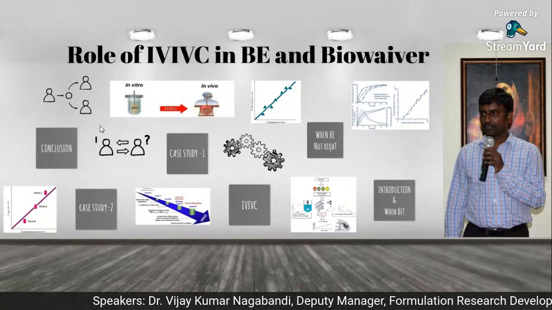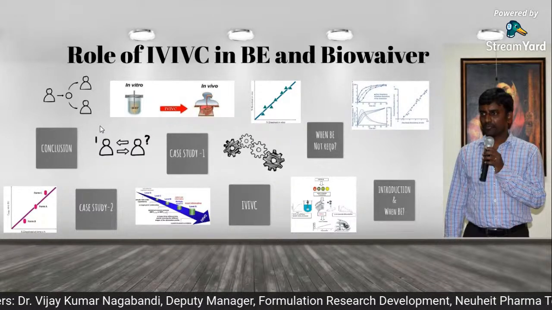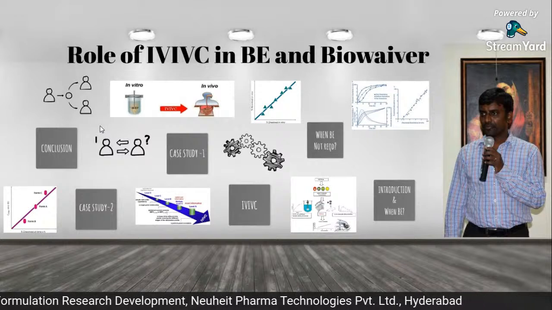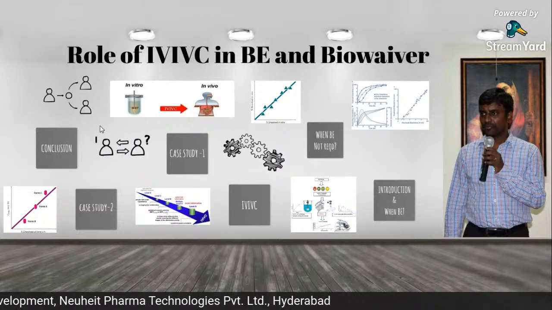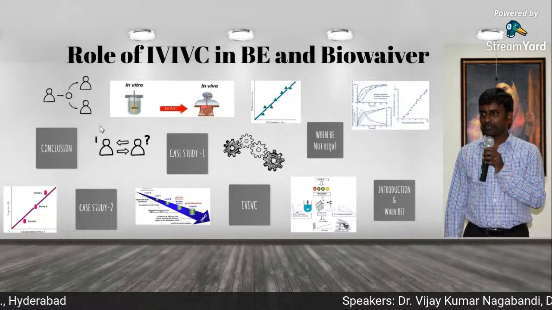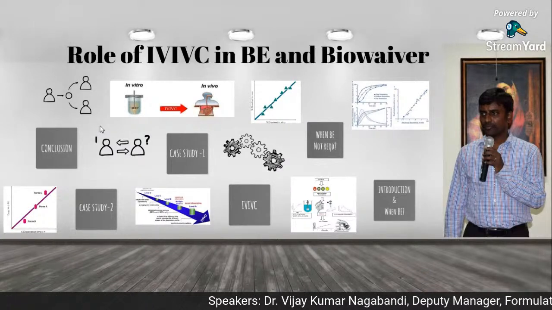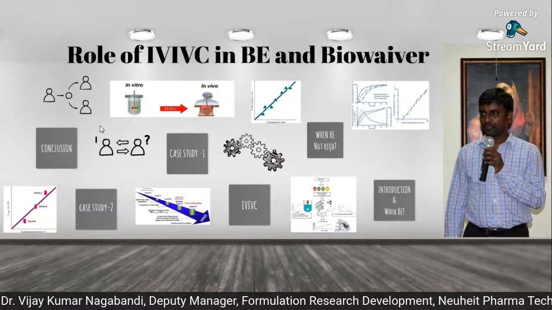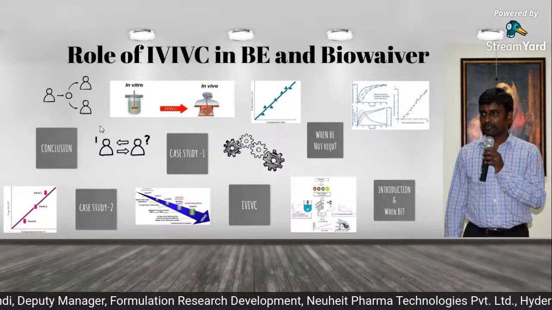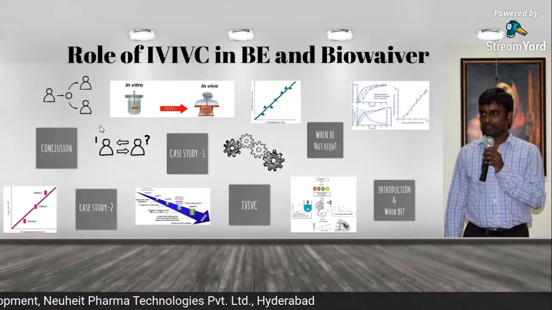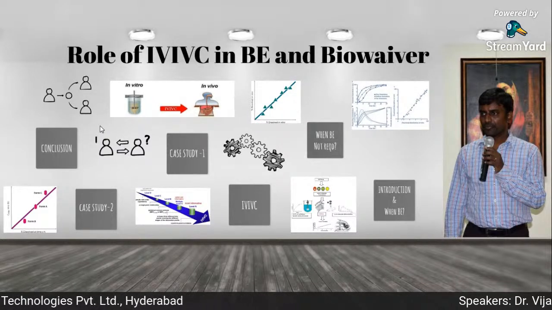There are a few dosage forms for which bioequivalence testing is not required, like injectable formulations, oral solutions, nasal solutions, and powder for reconstitution, because they are already in solution form and administered directly into the systemic circulation. There is no testing required. There are other categories: if dose proportional with lower strength, no testing is required, and for BCS class 1 drugs, highly soluble and highly permeable, it is not required.